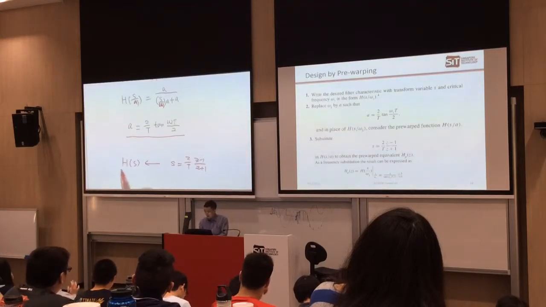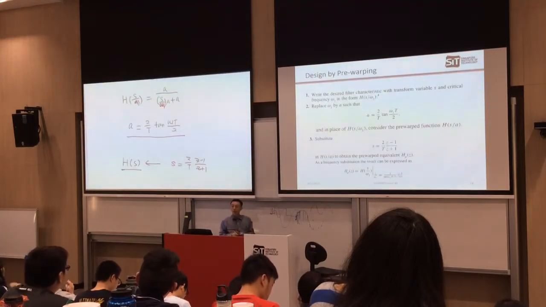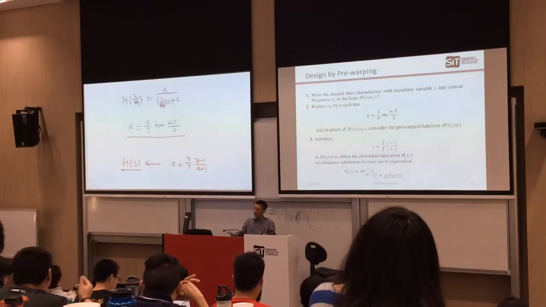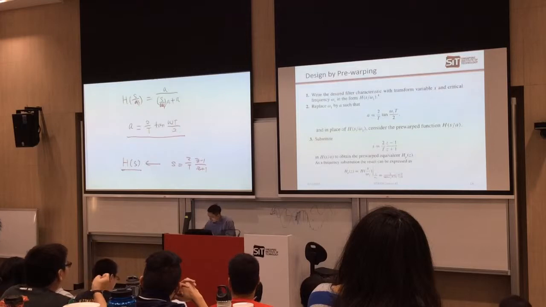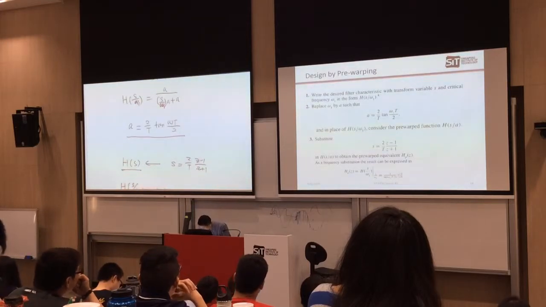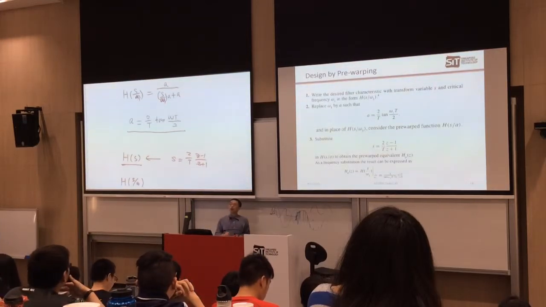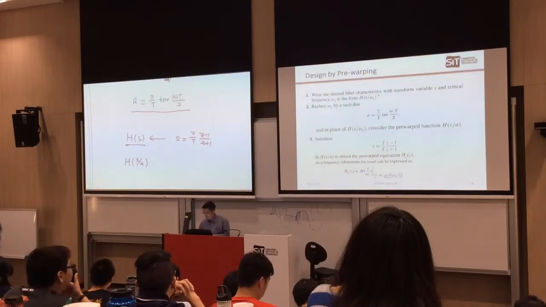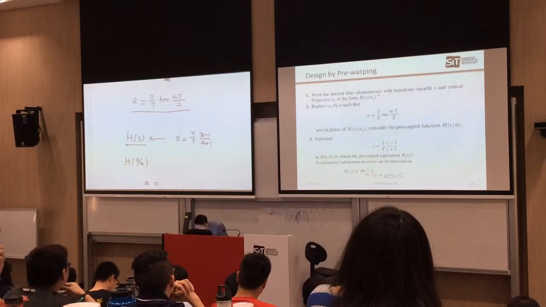But now instead of substituting into this H(S), we are going to do some pre-mapping. We need to do something with your H(S). So instead of S, you have S over omega. Okay, and where does omega come from? The omega comes from this A.